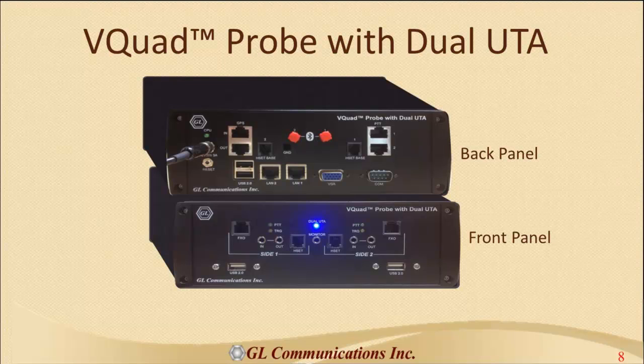So it has similar interfaces to the dual UTA, like FXO analog, then headset, GPS in and out, headset base, and Bluetooth. The advantage of the Vquad probe is that it is an all-in-one self-contained system, wherein you can use the USB ports for powering the phones and perform the test.